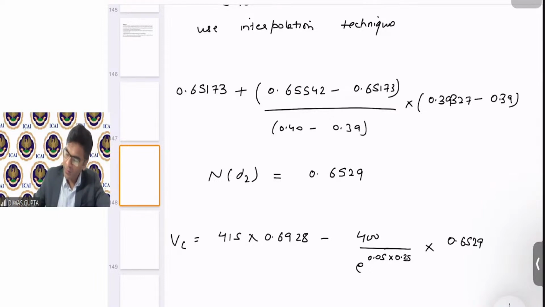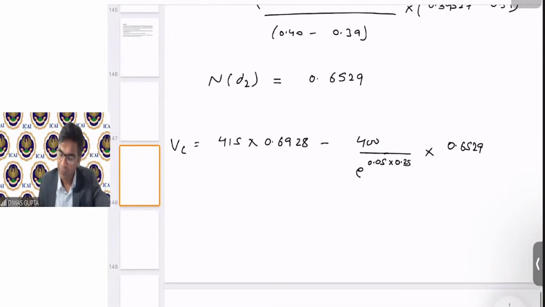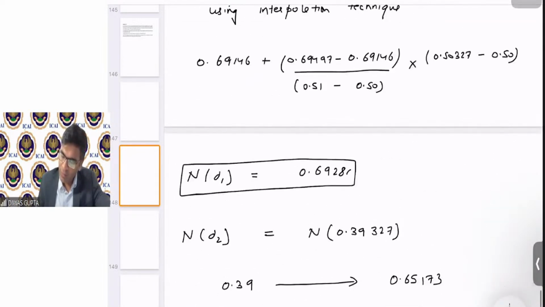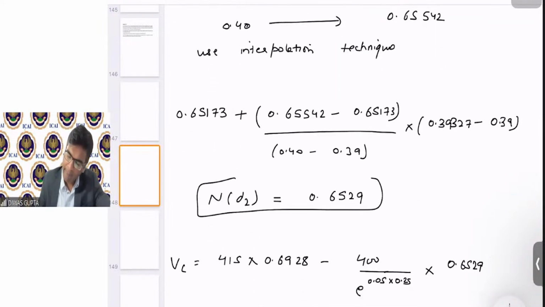Yes, very good. N(D1) was 0.6928. N(D2) is 0.6529.